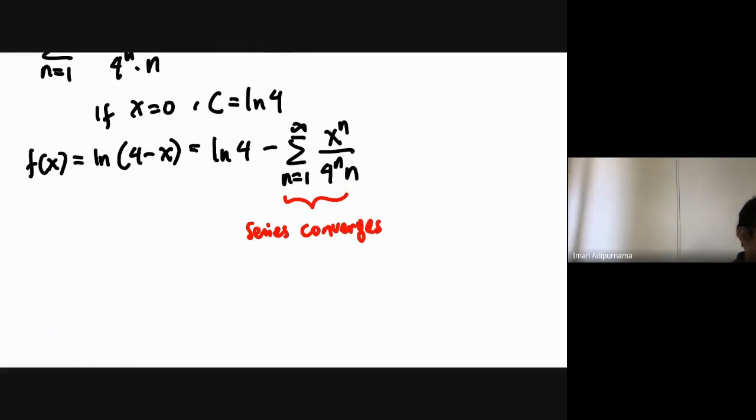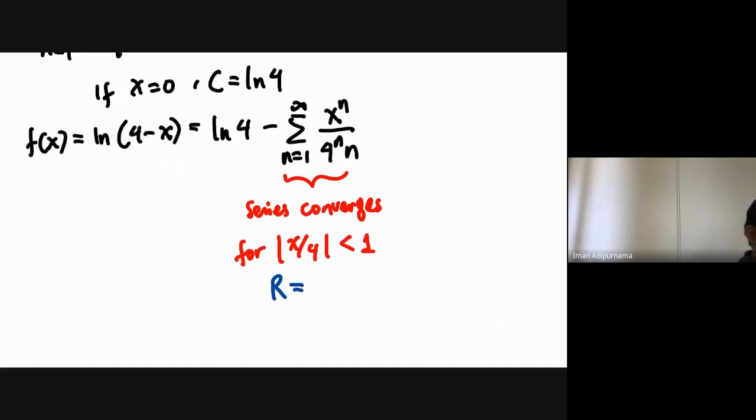And you can check the series converges for x over 4 less than 1.